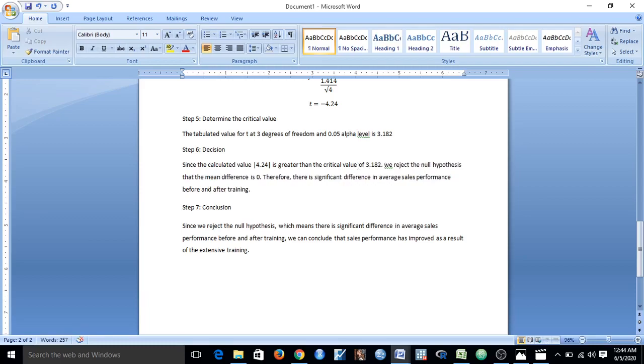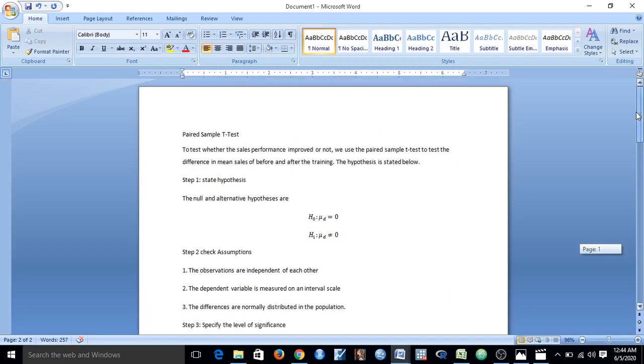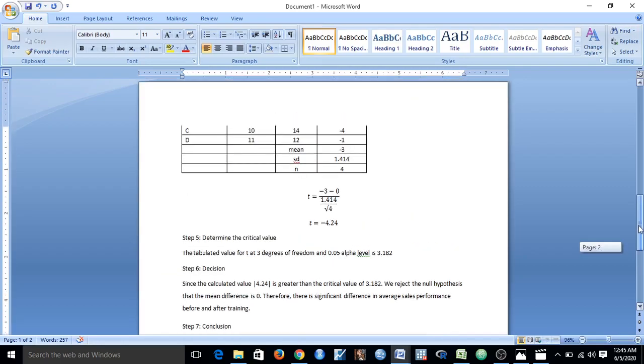This means we are going to reject the null hypothesis that the mean difference is 0, and accept the alternative that the mean difference is not equal to 0.